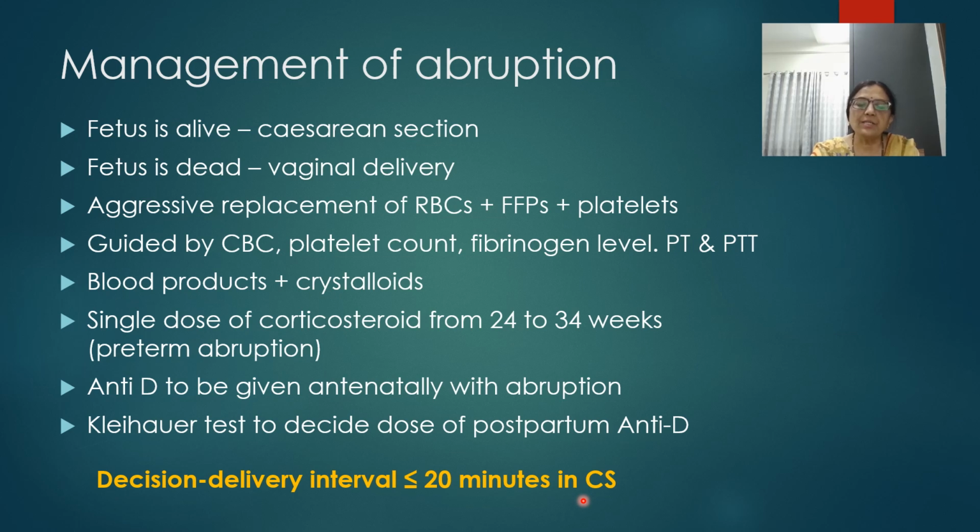Then the decision delivery interval should be as short as possible, and we should conduct drills in the obstetric units at each individual setup, so that everybody, from attendants and nurses to anesthetists and obstetricians, has a goal that the decision delivery interval should be shortened, ideally to less than or equal to 20 minutes.